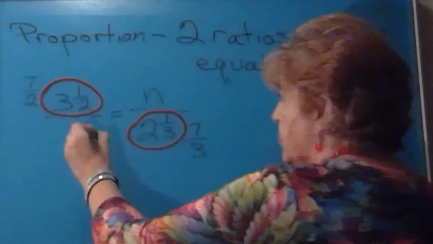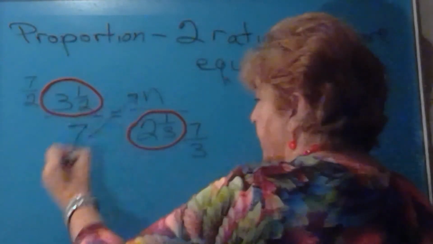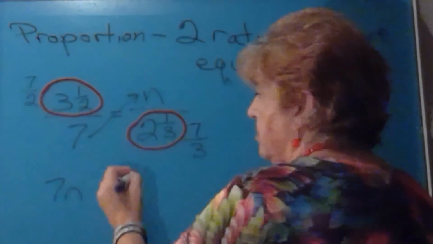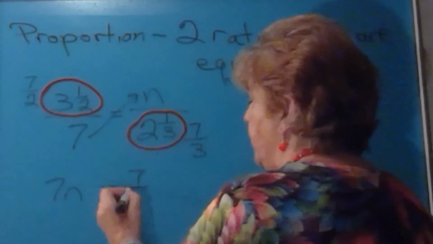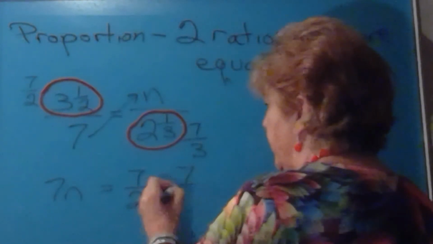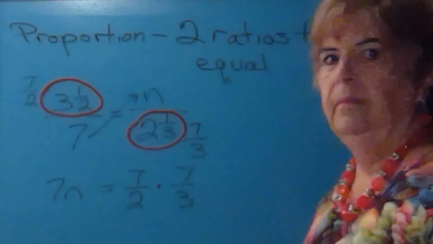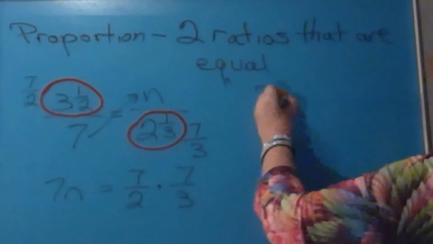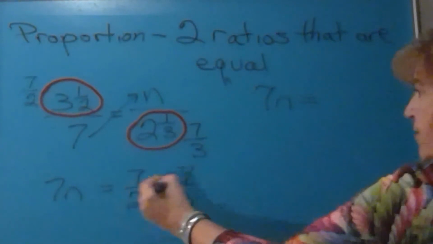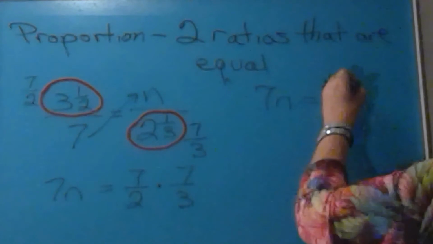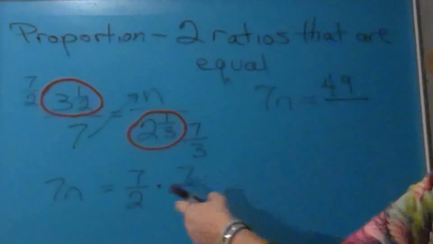Now when I take the cross products, here I'm going to get 7n, and here, don't worry about it, you're going to end up with 7 over 2 times 7 over 3. That gives you 7n equals, and if you multiply that out, you get 49 over 6.